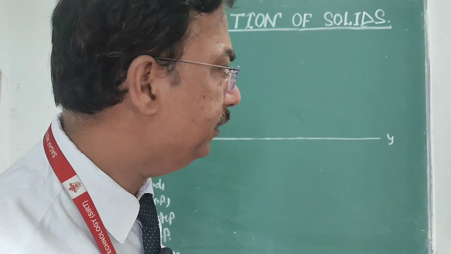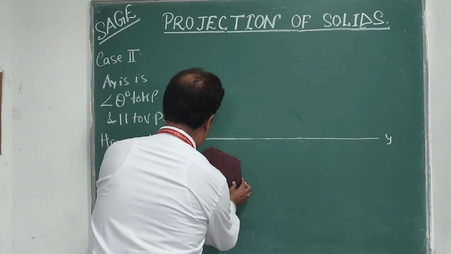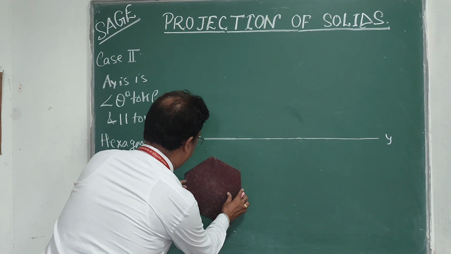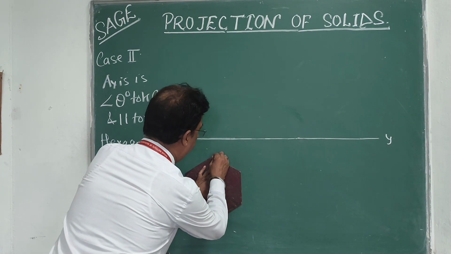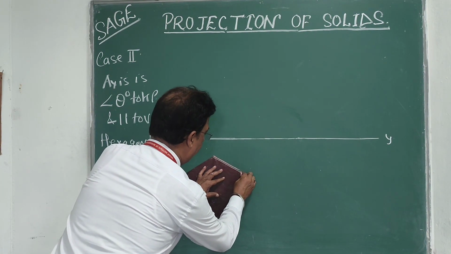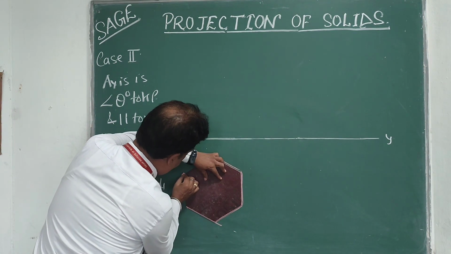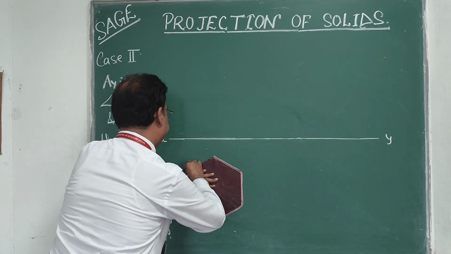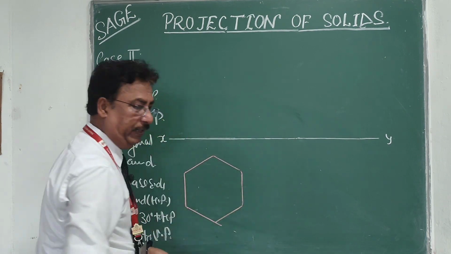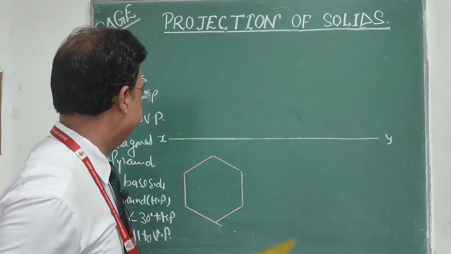I have already drawn the reference line. Now I start with a hexagon in the top view with sides perpendicular to the reference line, or you can say perpendicular to the VP. This way I can draw this hexagon.